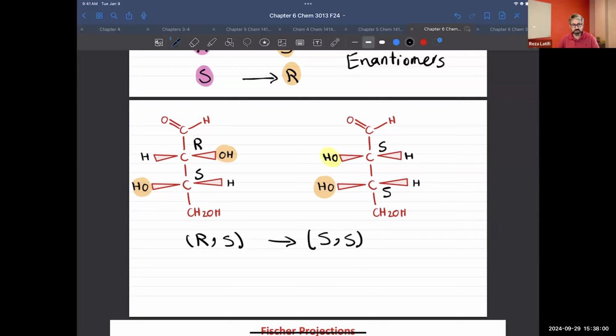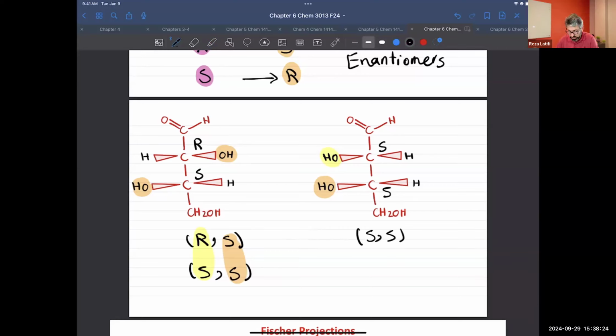One of them did not change. So I can write it underneath: the first carbon is S, and the second carbon is still S. This one got inverted, but the second one remained the same. What's the relationship between those two?